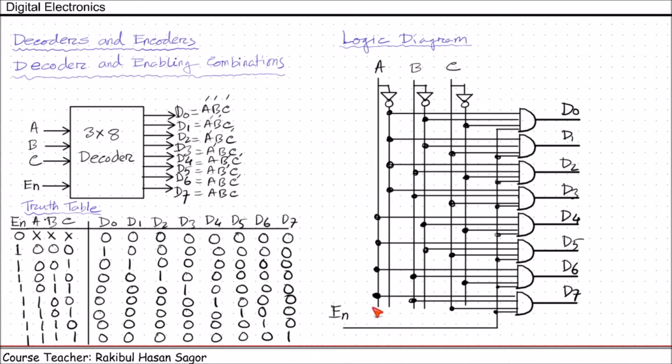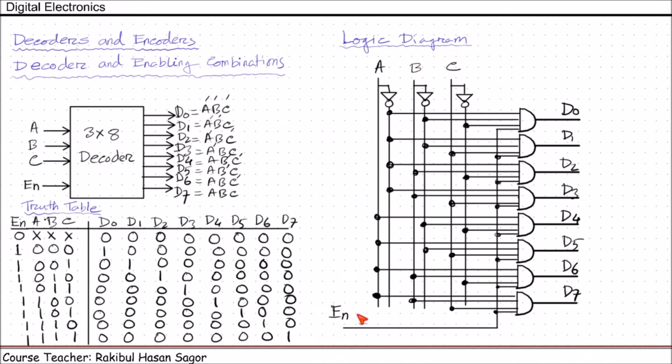Now if we see the operation, if enable equals 0, then one of the inputs of all the AND gates will be 0. In that case, whatever input I give to A, B, C, all the time the output will be 0, because one of the inputs of these AND gates is 0 due to enable equals 0.